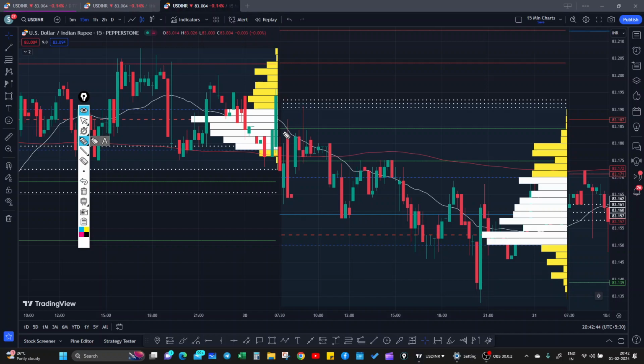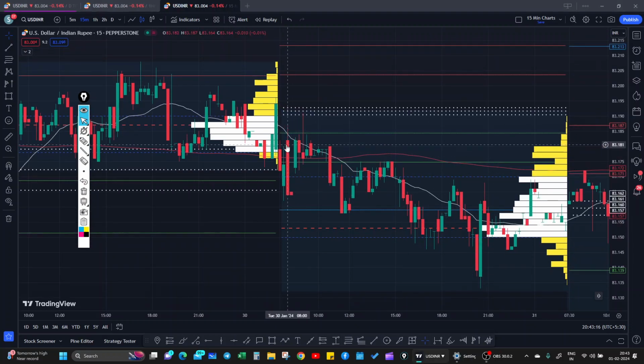Confluence means two or more indicators are indicating the exact trend. If the volume profile is indicating a bearish sign and the other two indicators are also indicating the bearish sign, that's a confluence, meaning you got the proper movement and you can take the trade accordingly.